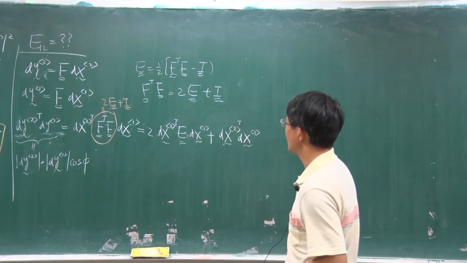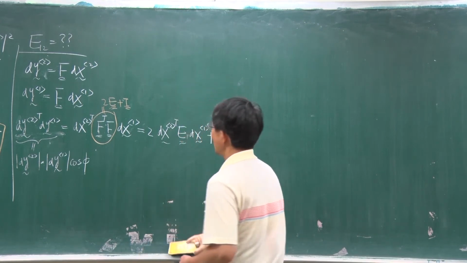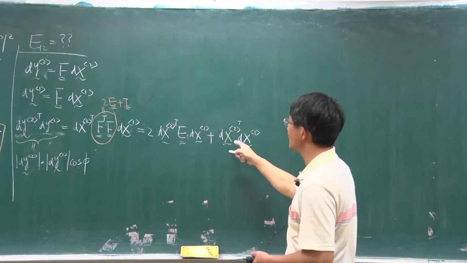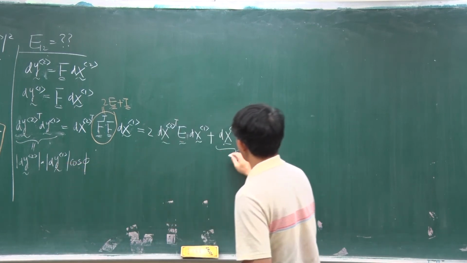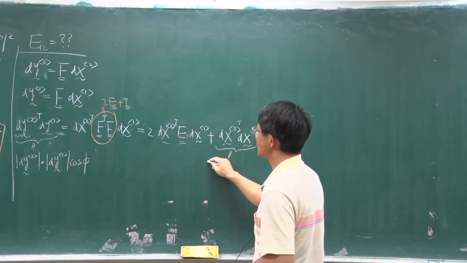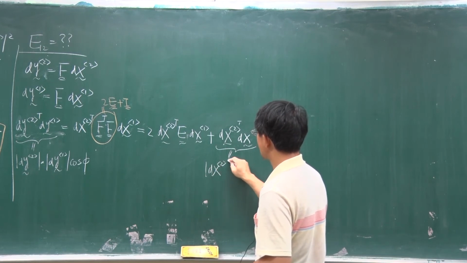Okay, we have this formula. And now this is the inner product, just like this. So we can apply the cosine theorem again.